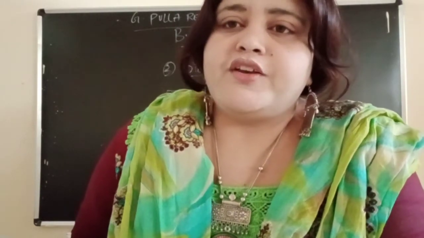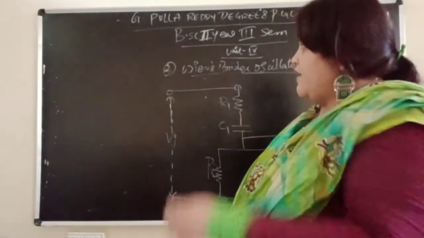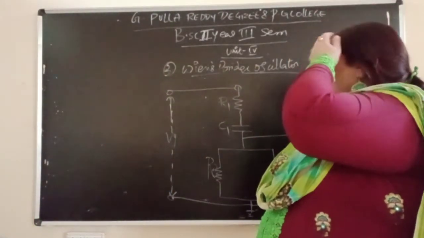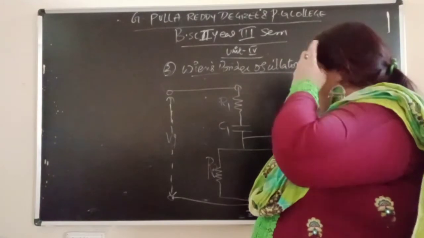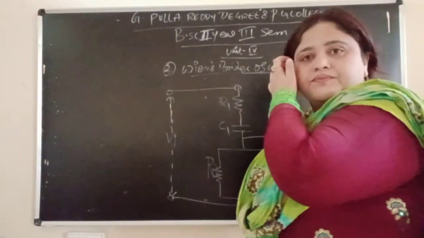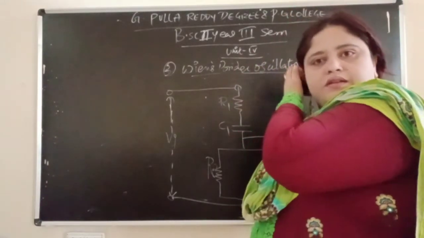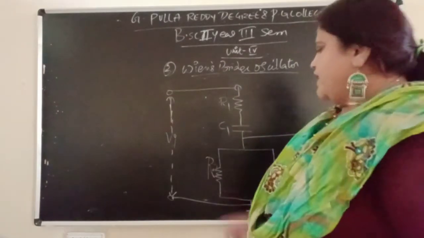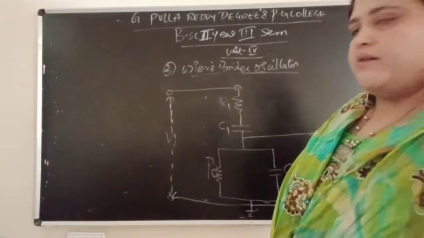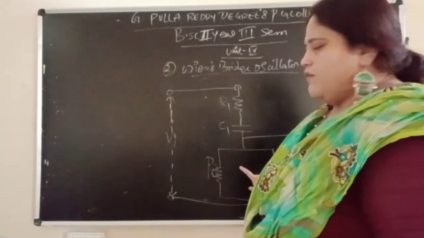Then we went for the Wien bridge network principle. In the Wien bridge network principle, we simply drew the diagram. The diagram consists of two arms, upper arm and lower arm.